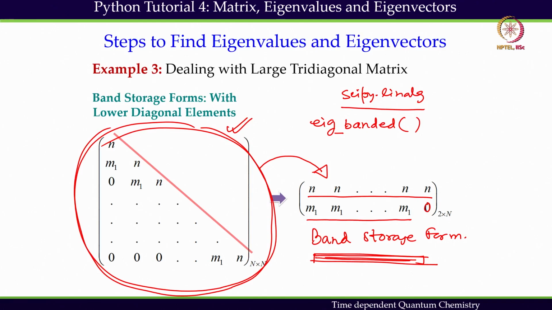Their structures are different, but one can convert it. The moment we convert it, we get this 2 by n matrix, and this new matrix, let us say, I will call it B, where this was A. Then I can find the eigenvalue and eigenvector using this construct, eig underscore banded B. We will take a look at how to do that.